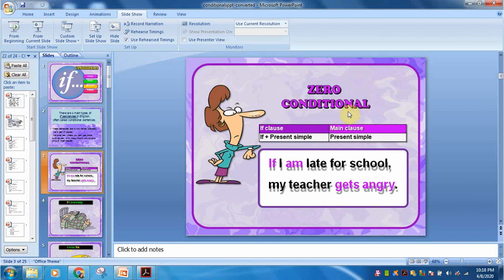Now we are talking about zero conditional. Let us see what zero conditional is all about. Zero conditional is a format in which the if clause and the main clause, we have already talked about what the if clause is and what the main clause is, are both in the present form, correct?